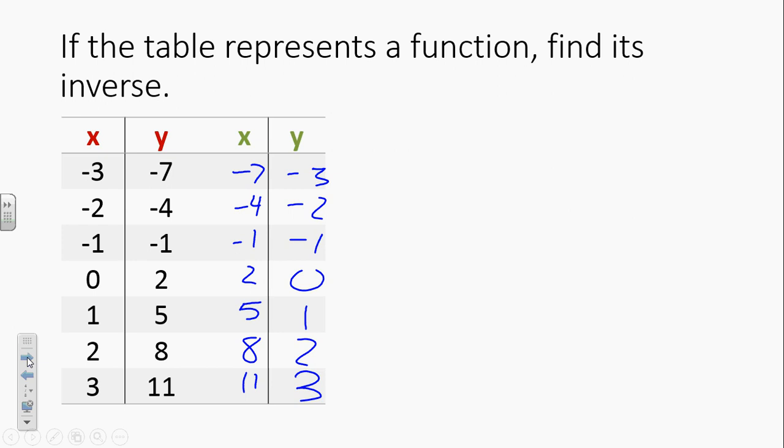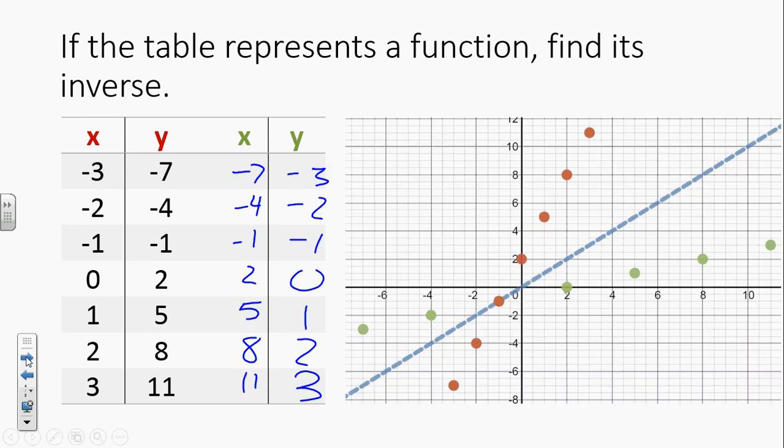Let's look at this and see what it looks like. The red are the original points. So we have these points marching along like ants up the wall, okay? And then the green are the ones that Tyler just put in. And I put a nice little dotted line across here so that you could see the relationship between them.